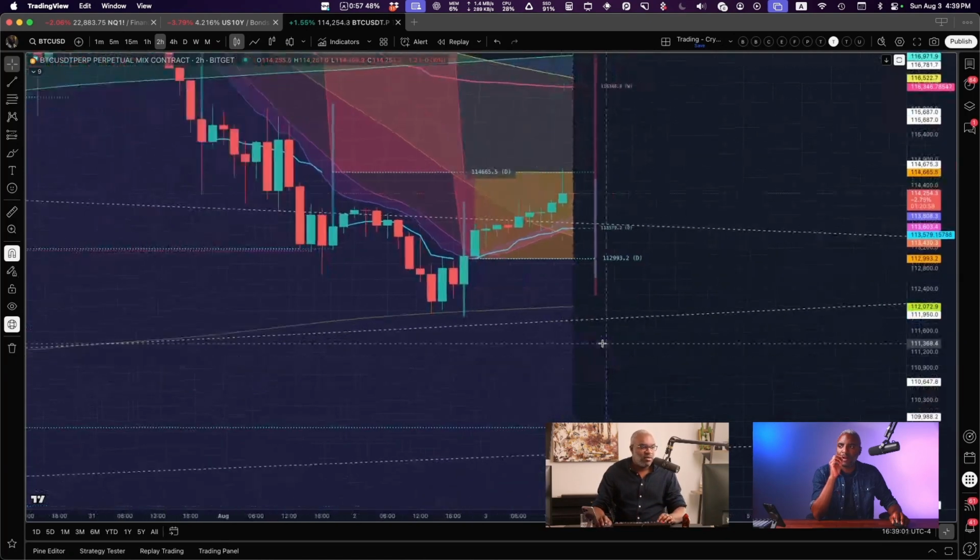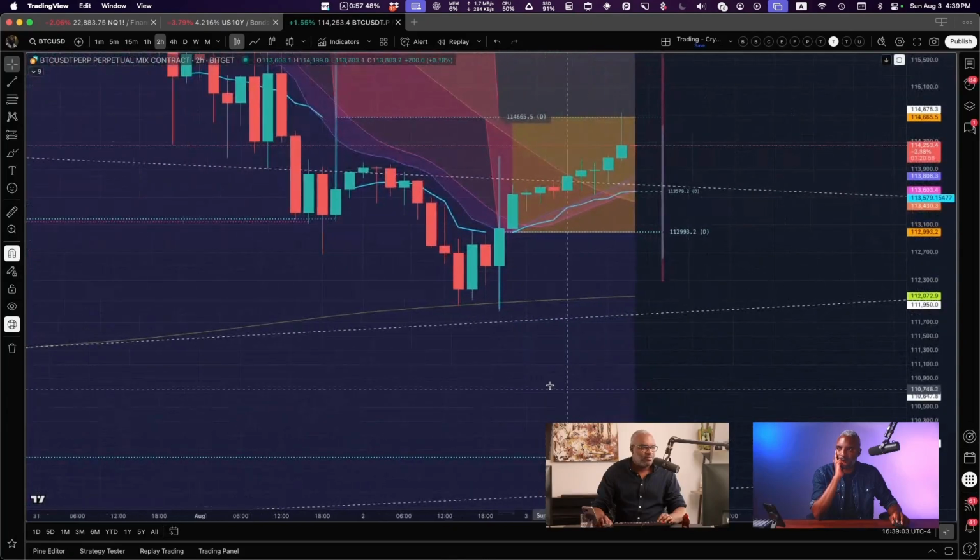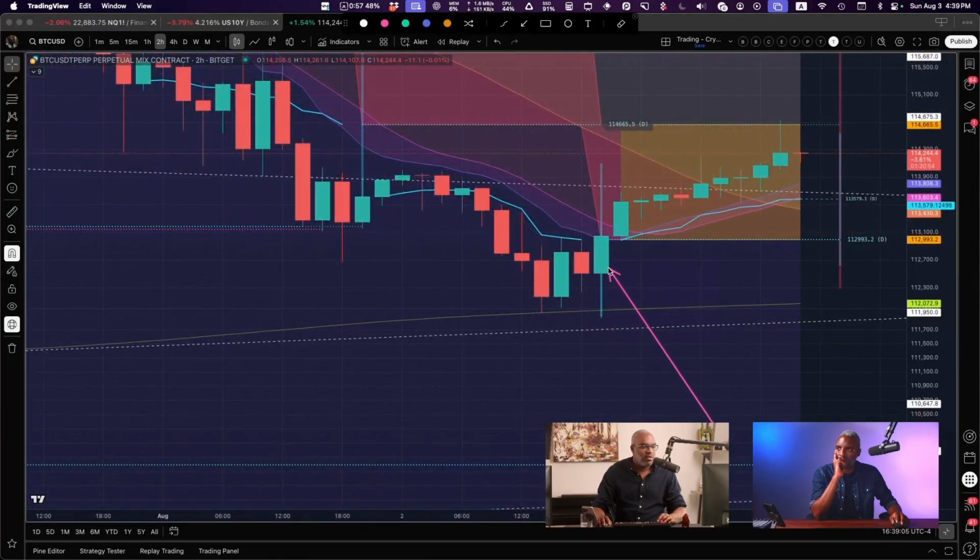Like over here, just to give you that example, this candle actually went lower than this level over here, right? So you might say, hey, Tom, isn't that what you're saying? If it goes lower, then that means we're probably going to break lower. Well, no, we have to look at the candle close, and the candle close here is actually a higher close. But there are people who panicked inside of this level.